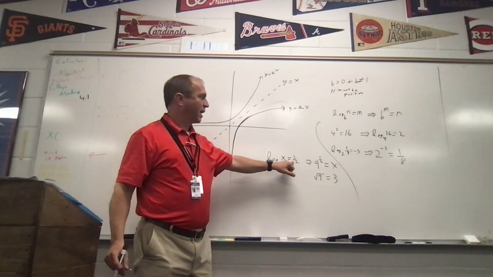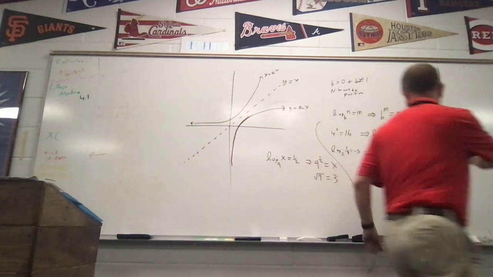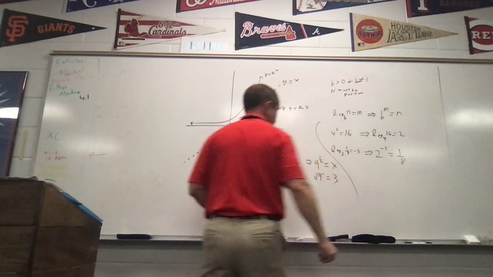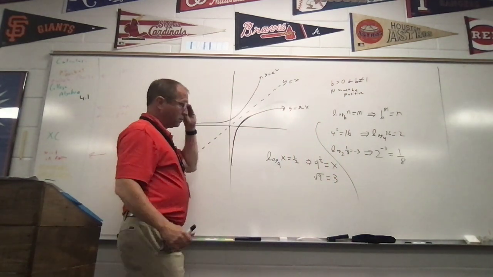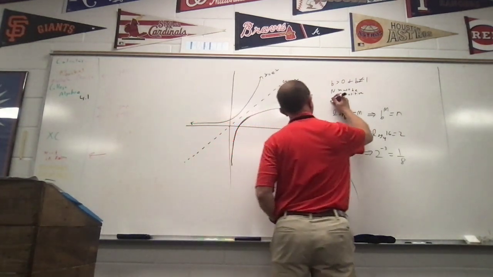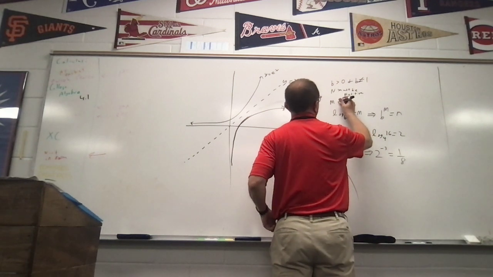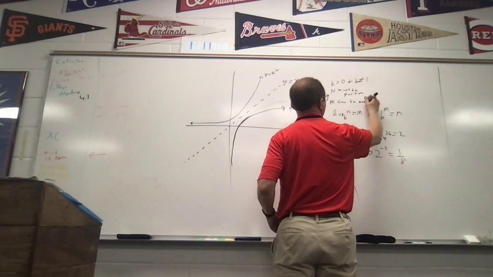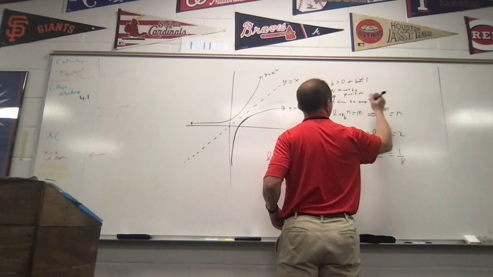Remember, a positive to a negative exponent, that just means we turn it into a fraction. But what did we see here? It was a positive fraction, right? And M can be anything, any real number.